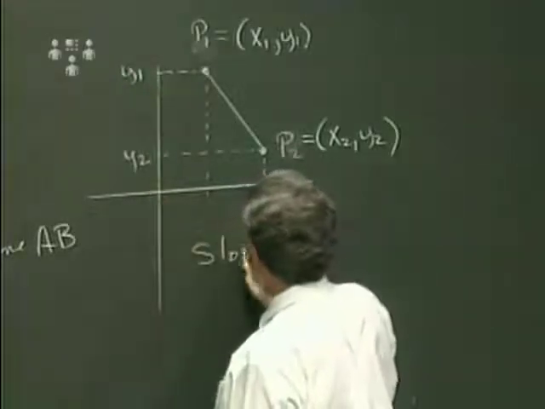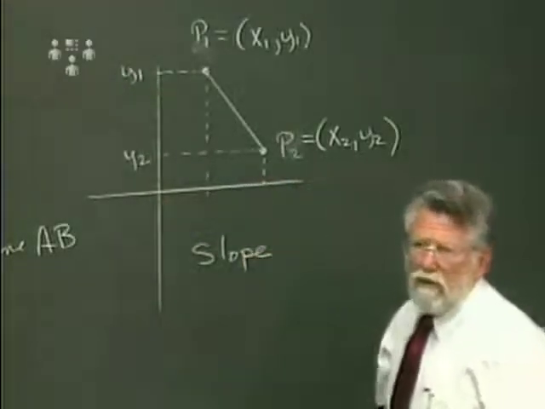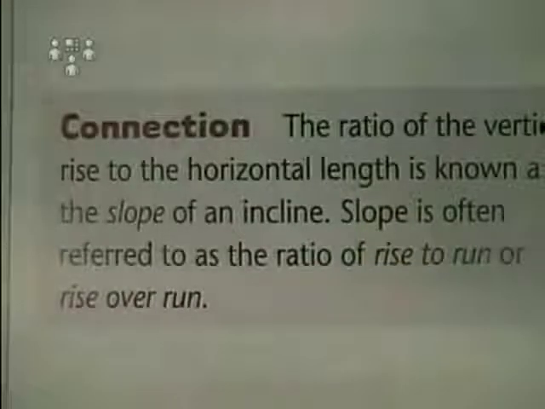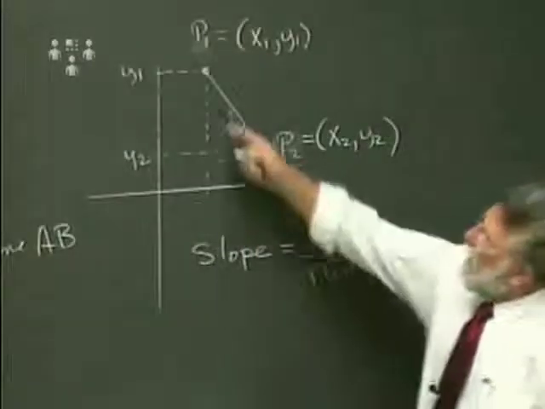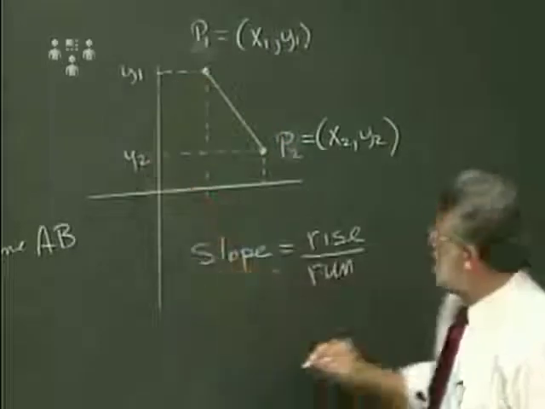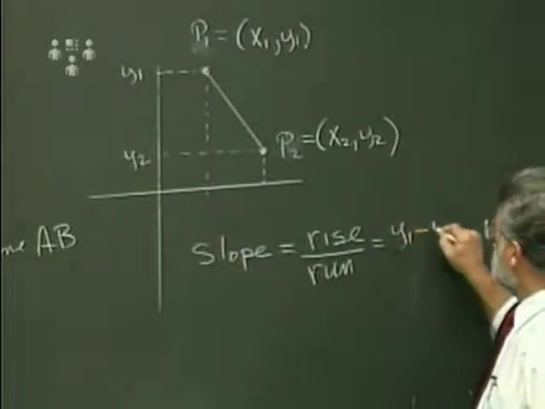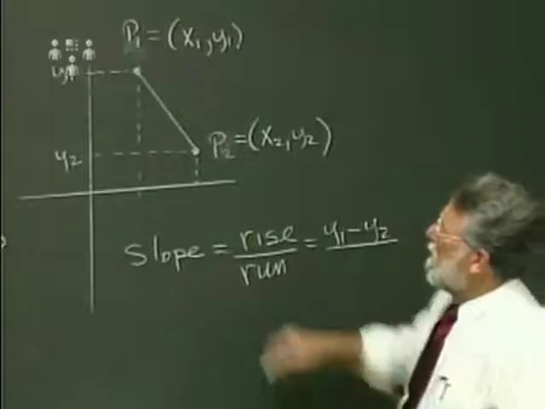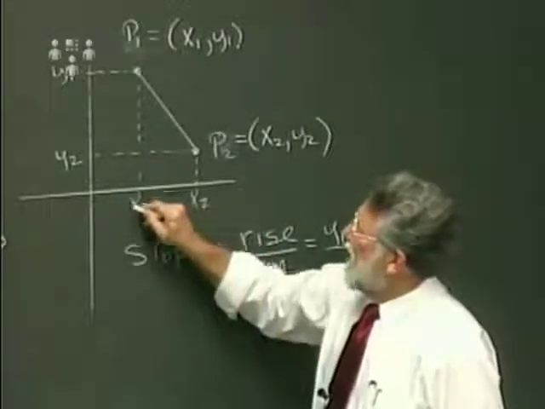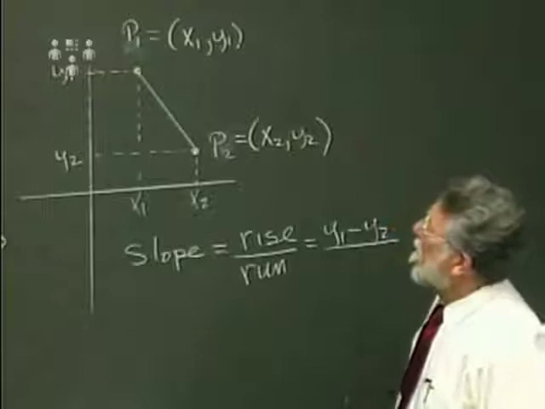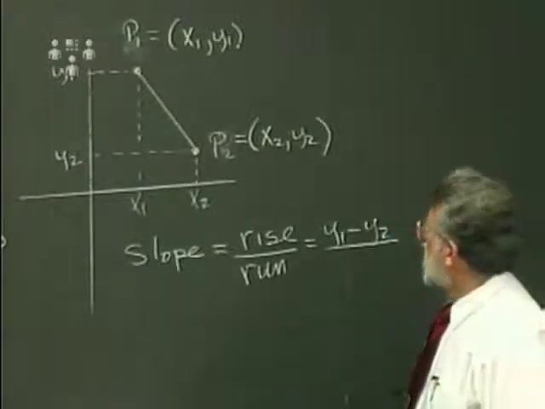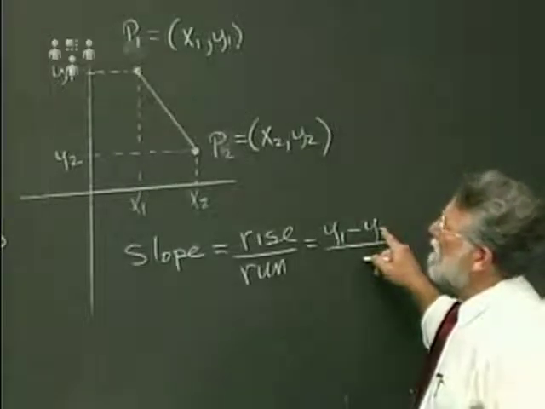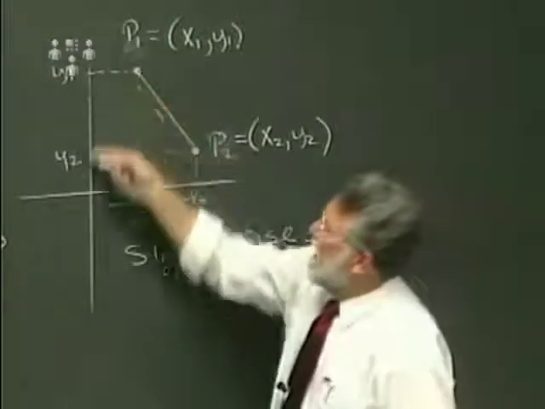So the slope, coming back now, if you will, to the book in the document cam, rise over run. Where this is going is that the rise is just y1 minus y2. And the run, this is x2, this is x1. Okay. Did I get that right? That's going to be yes, and so I have x1. So this is y1 minus y2. That's the distance there.